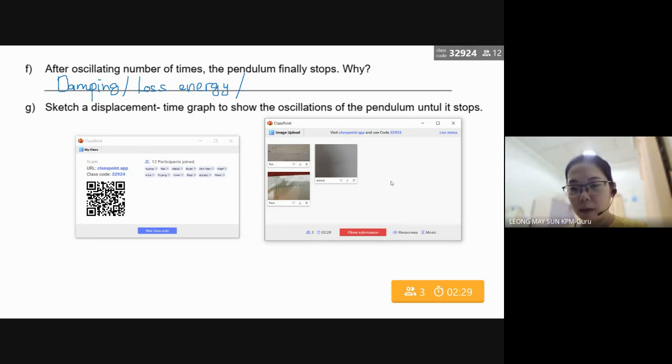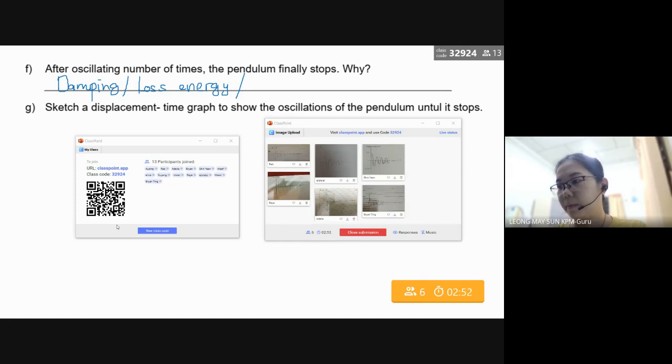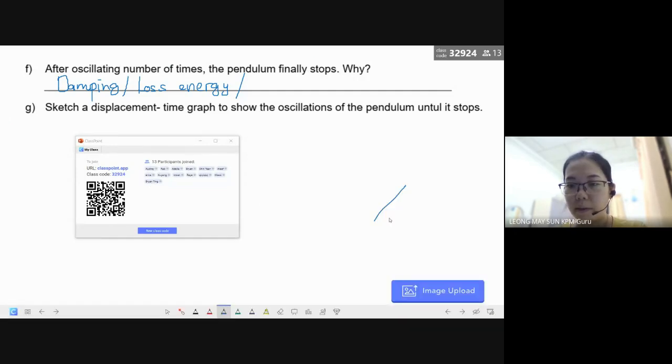Anyone else want to submit their graph? Thank you, Adelia. Okay, all right, I'm going to close submission for now. I'm going to use that to discuss the answer.